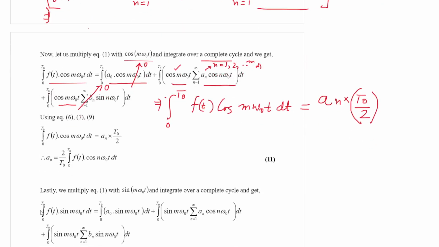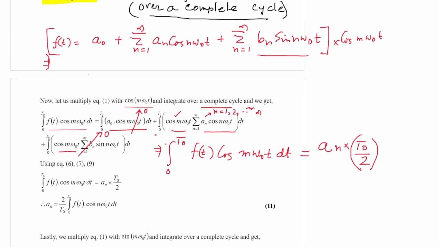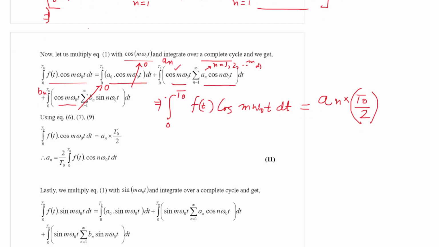So ultimately this will be accompanied by an, and it should be an into T naught by 2. So finally, what will be the value of an?